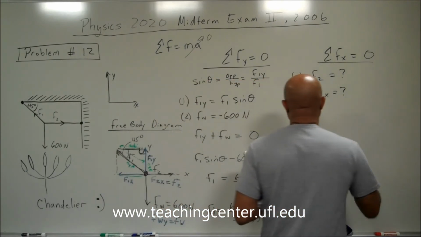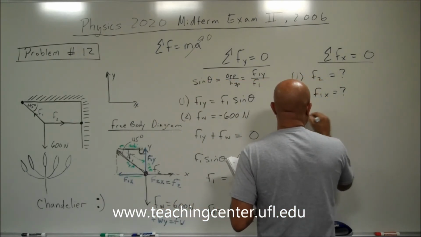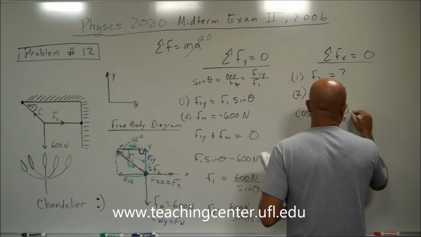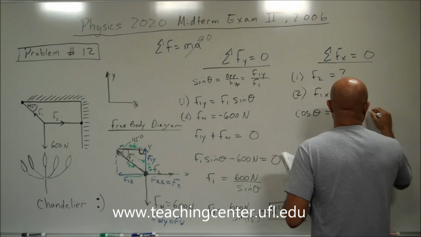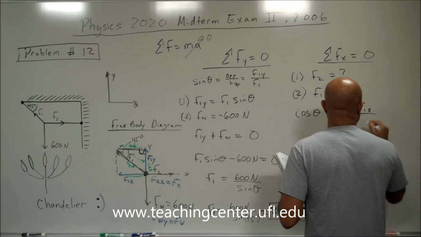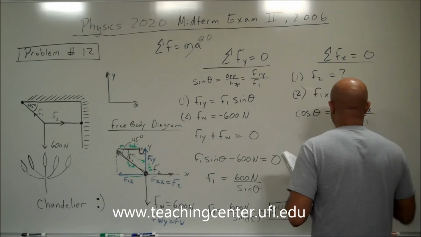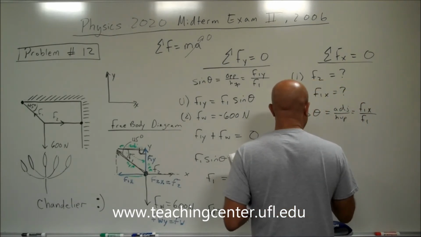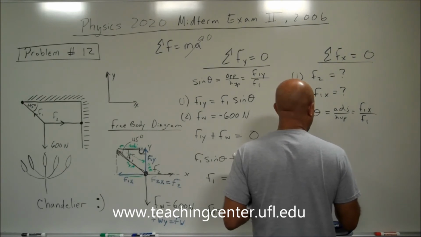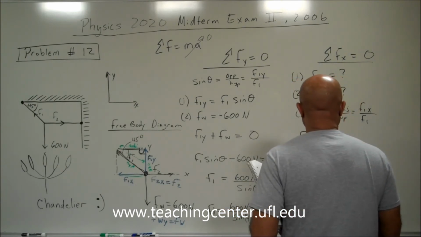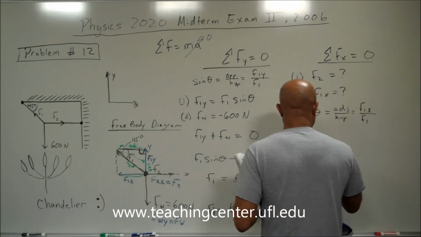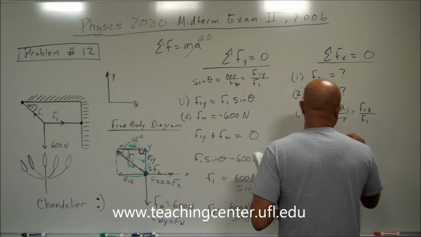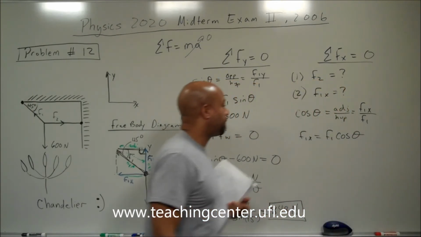So cosine of theta is equal to adjacent over the hypotenuse. In this particular case, it's the x component of F1 over F1. If we solve this equation for F1x, we get F1 times the cosine of theta.